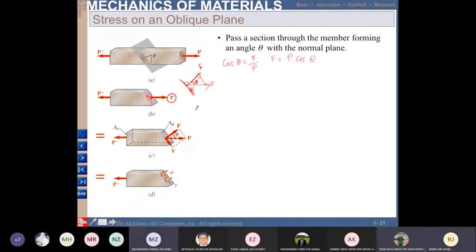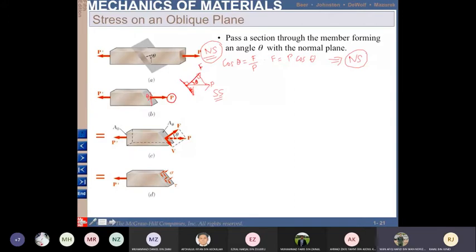Okay, so this is for normal stress. In the case of shear stress, shear stress happens when force and area are parallel.